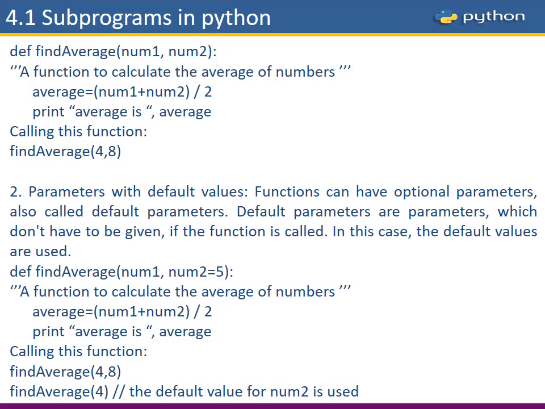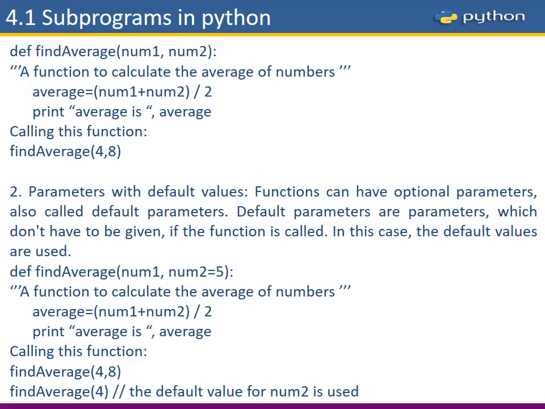That is, the default value for number2 is used. That's why the find_average here is 4. The default value for number2 is used.